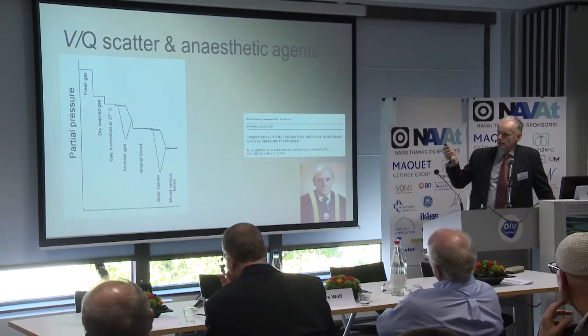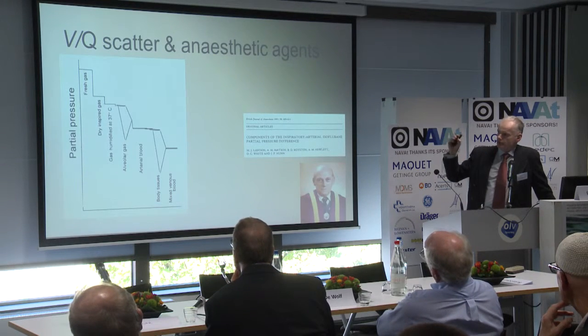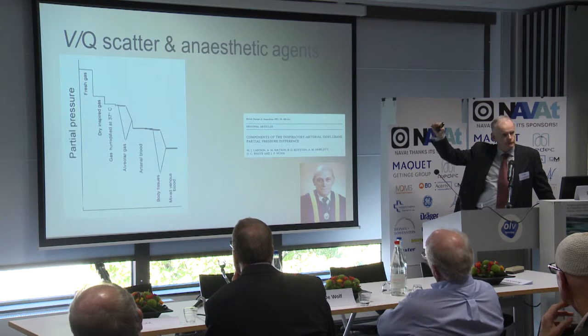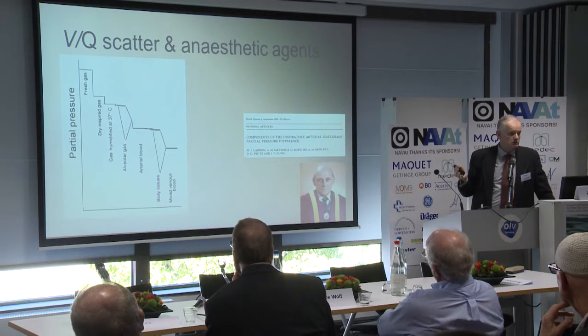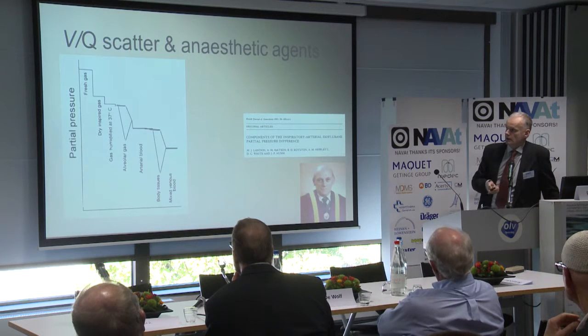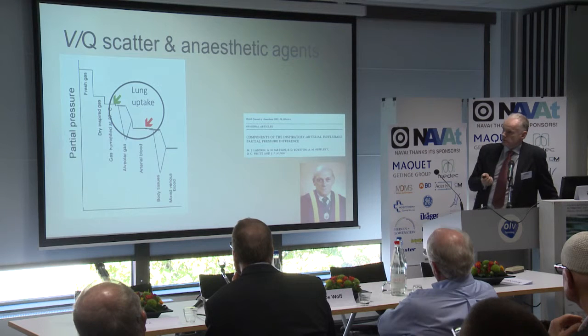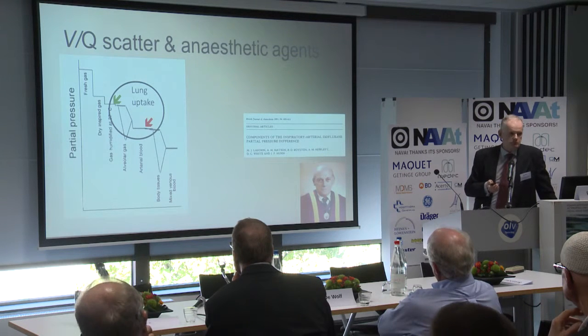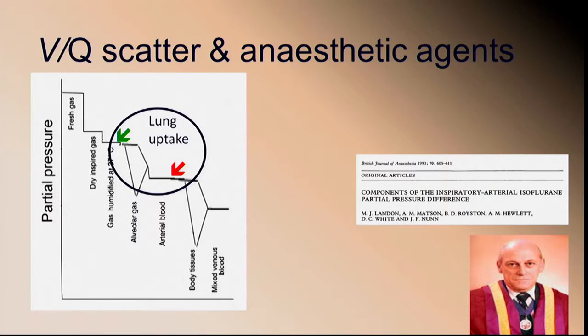And of course, as Jan has already mentioned, there is a partial pressure cascade for anaesthetic agents, which is very similar to the partial pressure cascade for oxygen, which we're all familiar with from the textbooks. And they were interested in looking at the components of the inspiratory to arterial difference, which effectively is that difference generated by uptake of isoflurane by the lungs, alveolar capillary uptake.